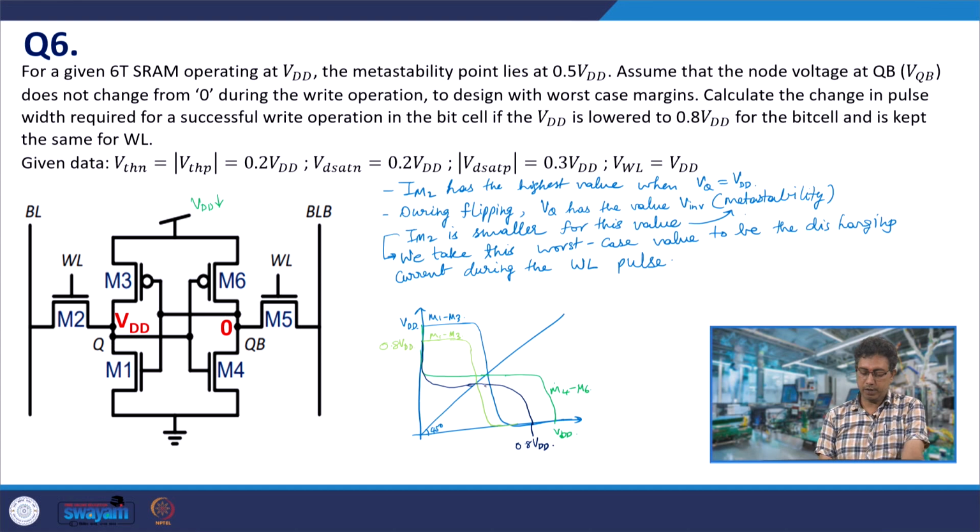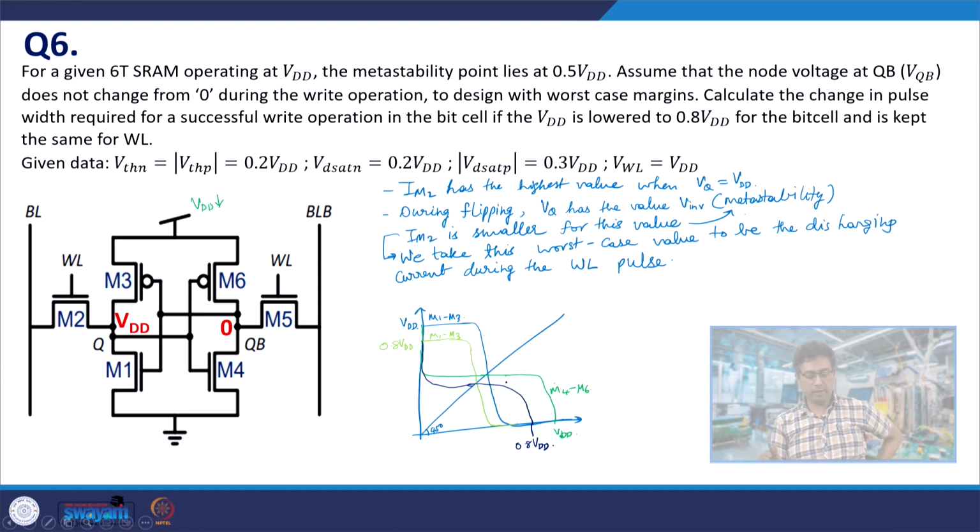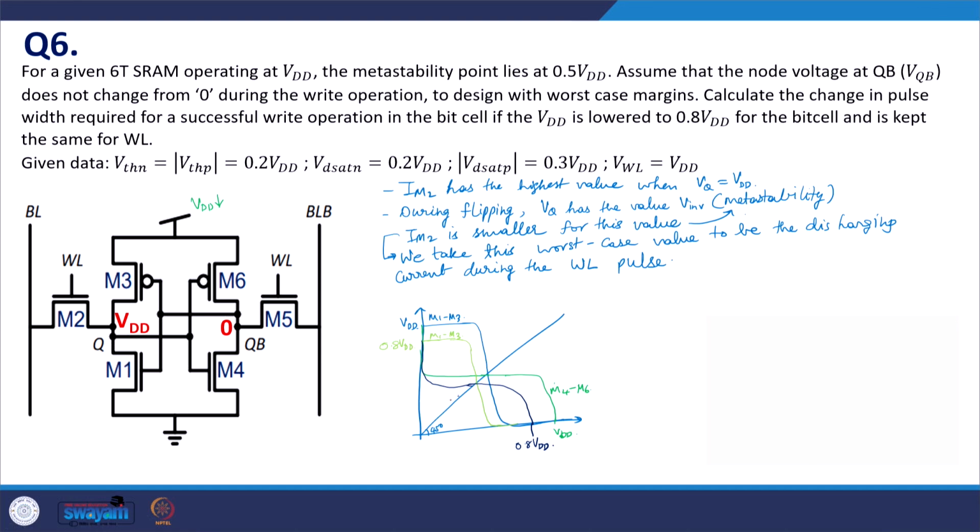As we had discussed, if these back to back connected inverters are similar, then all the metastability points would lie on the 45-degree line. So, to be very accurate, we can actually estimate both the metastability points by reducing VDD. We already know the formula for VINV.